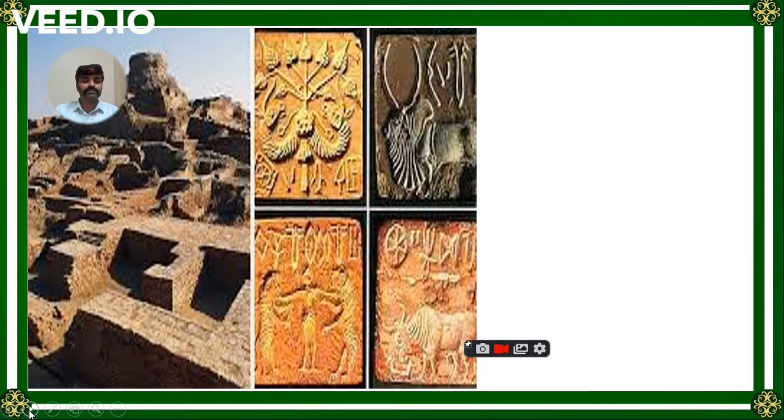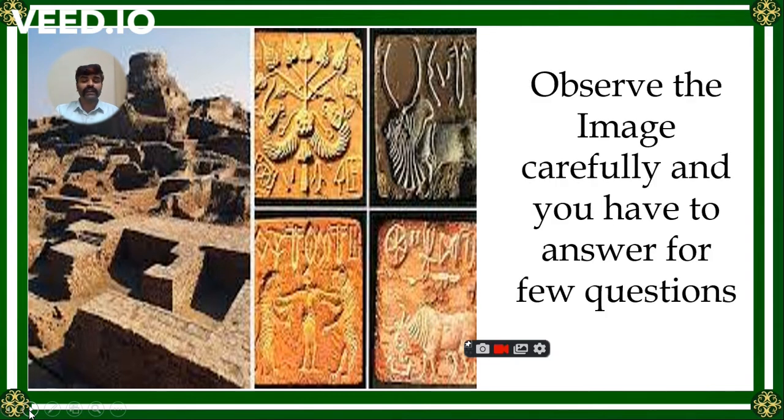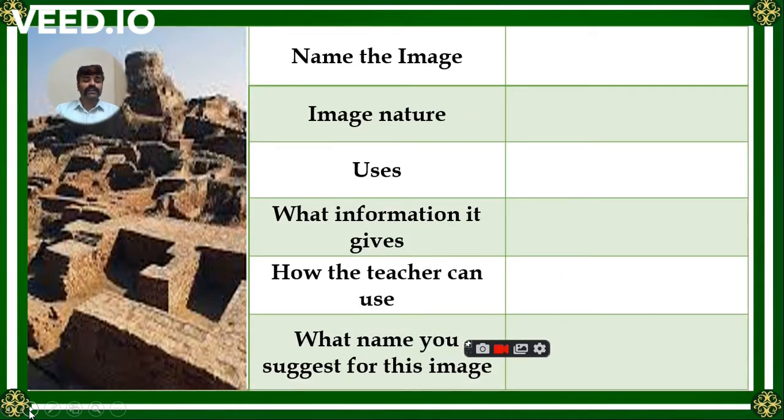For that understanding, now I am going to display an image. Please observe the image and answer the question I am going to ask. What is the name of the image, its nature, what information does it give, how can the teacher use it, and what name can you suggest for this image?